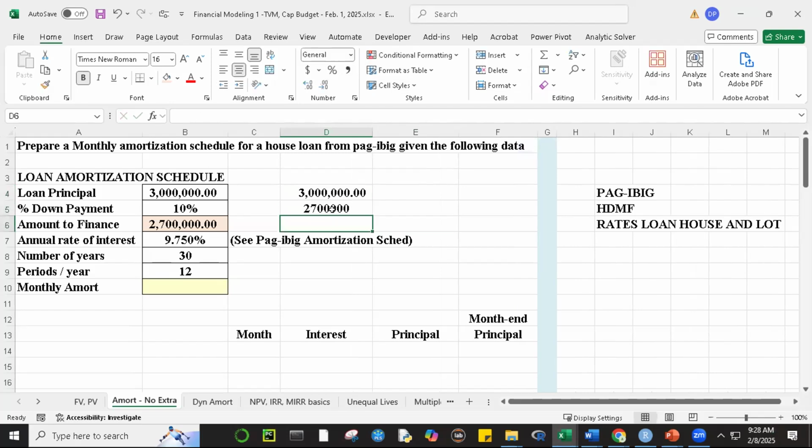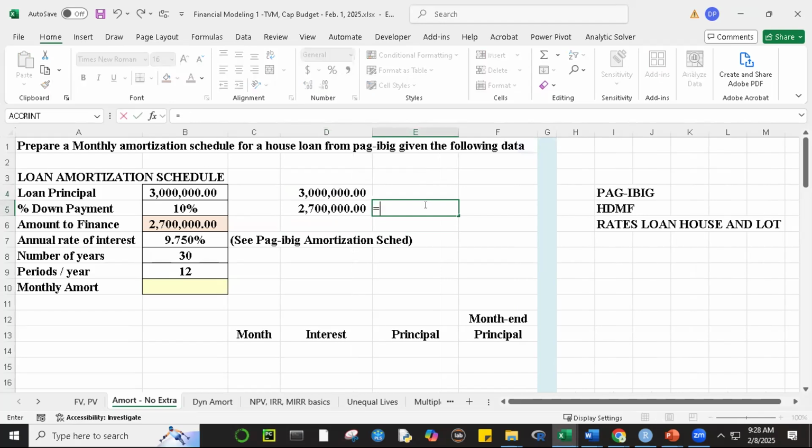So the percentage of what we can borrow is 2.7 million out of the 3 million, which is 90%. So the amount that we can borrow is 90% of the value of the house. Therefore, 10% has to be in the form of down payment, an equity on our part.